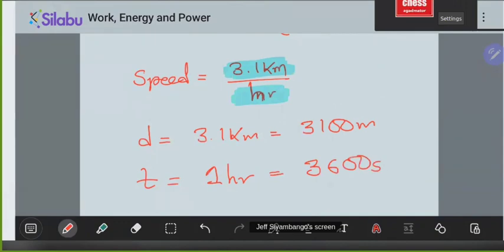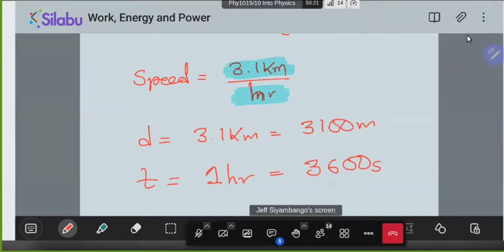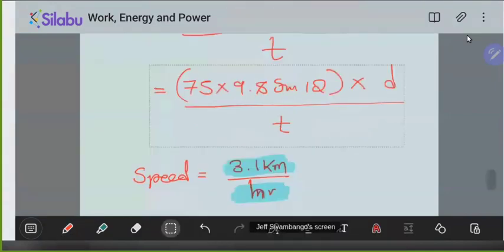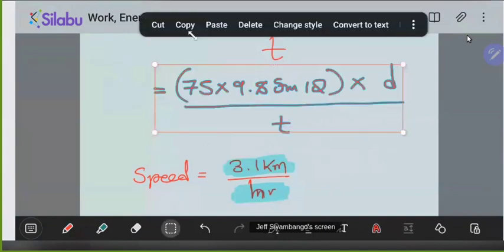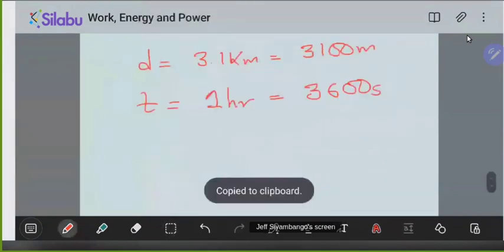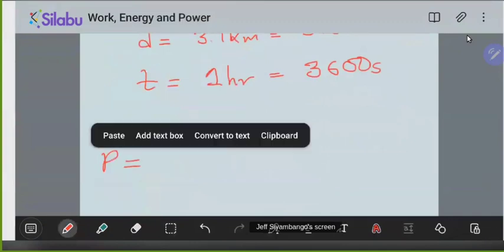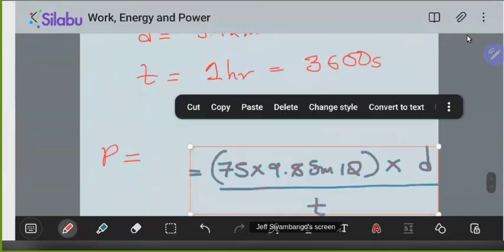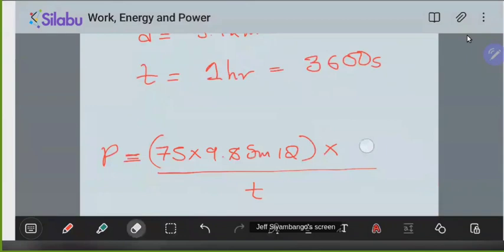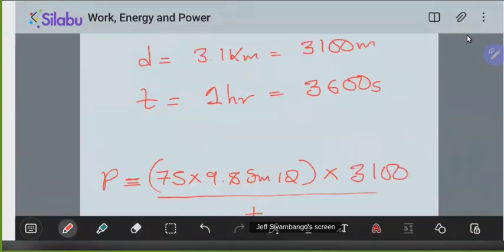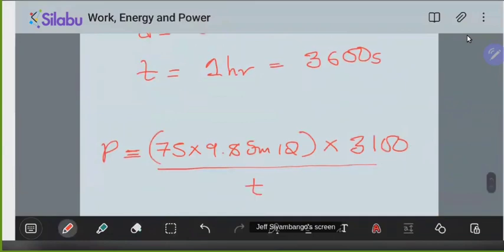When we reach this part, then we are literally done. Now just taking these back to the expression that we had earlier, where there is distance and where there's time, we'll substitute the correct values. Power now becomes equal to, where there is distance, I'll put the distance in meters, 3,100 meters, and where there's time, I'll put my time in seconds, 3,600 seconds.